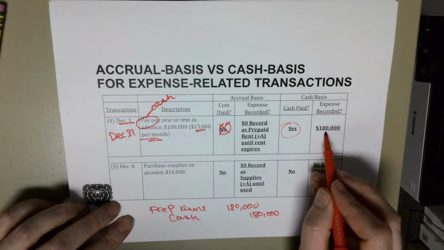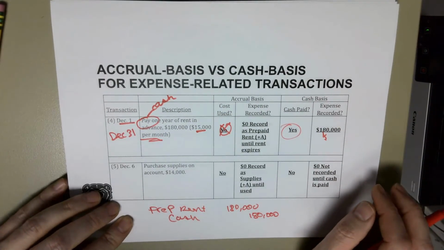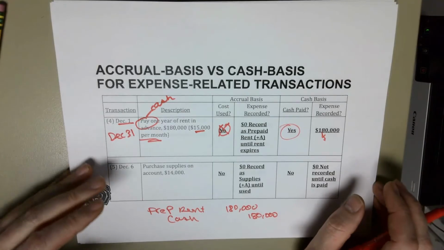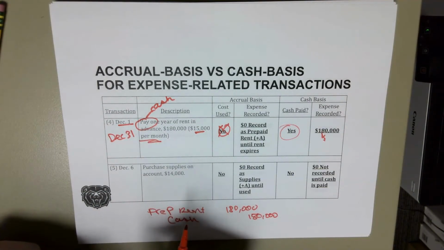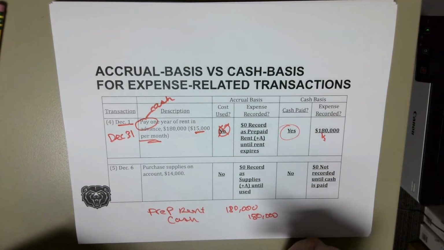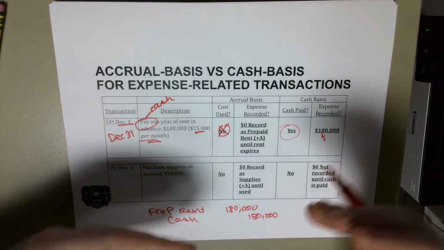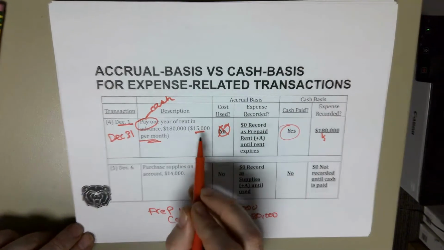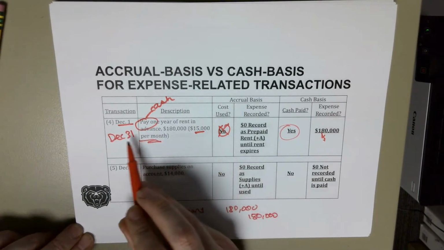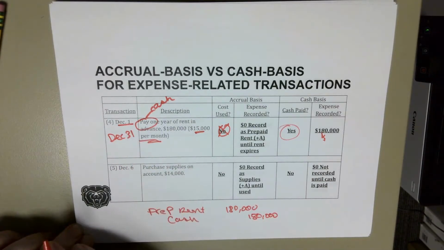How much was the expense? $180,000, okay? That's not really what's happening here, though. That's why we're using accrual basis accounting, because we won't actually use any of that $180,000 to help us generate revenue until the end of December, right? Then we're going to recognize that $15,000 of that $180,000 helped us generate revenue, okay?